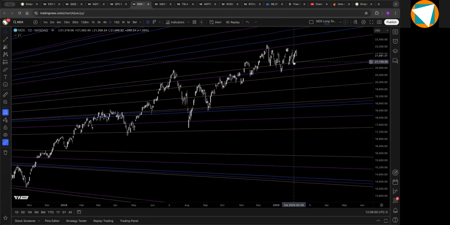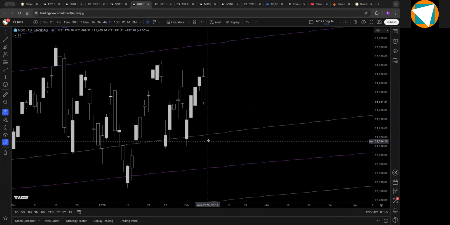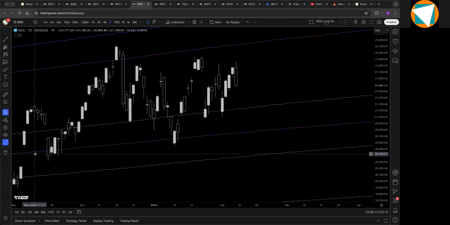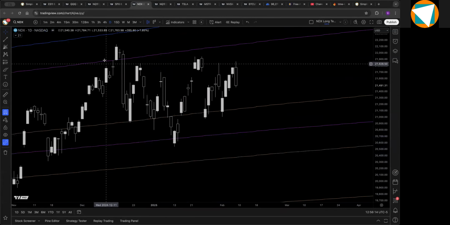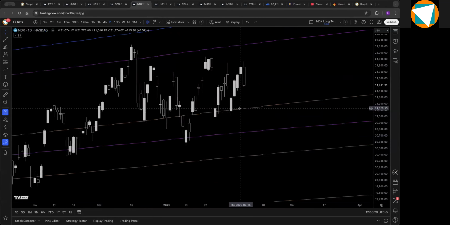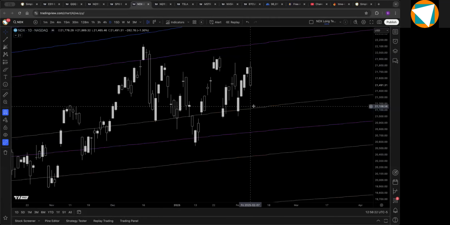So that is an important level here, 21,132. Yep, that's a better estimate of that level. So yeah, I love these longer term Gann fans. I love the customizability of these Gann fans. If you're not using these, I would highly recommend them.